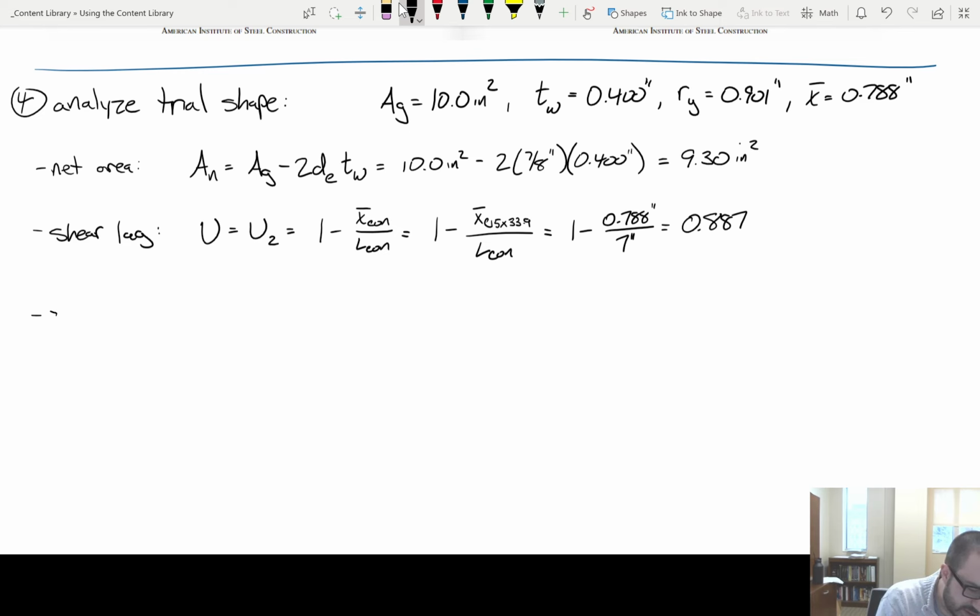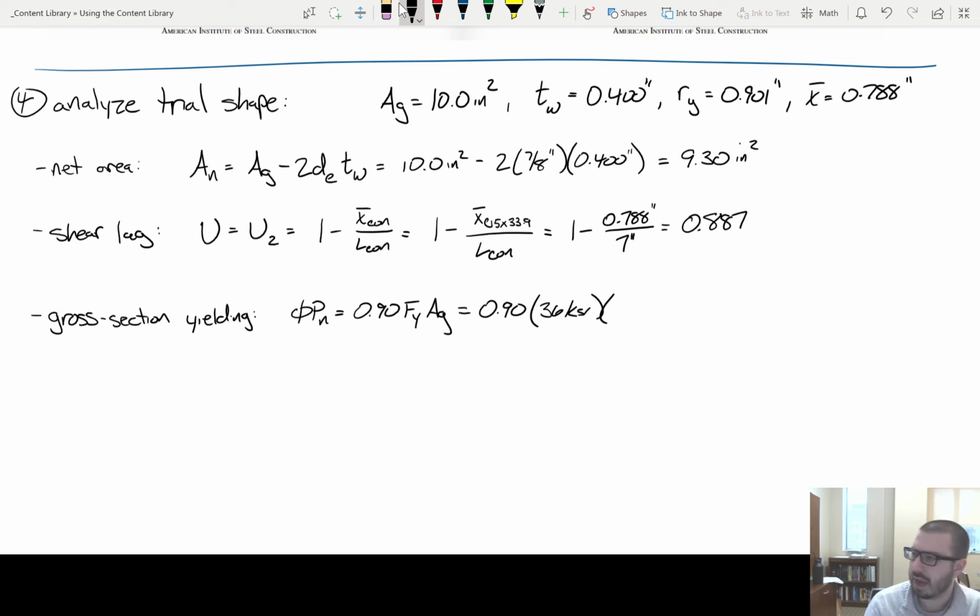So we have gross section yielding. phi Pn is 0.9 Fy Ag, so 0.9 times 36 ksi, and then the gross area was 10 square inches, and so that is 324 kips.